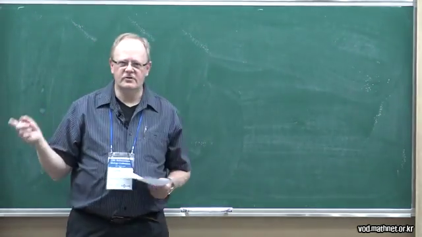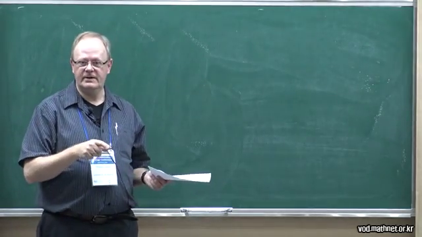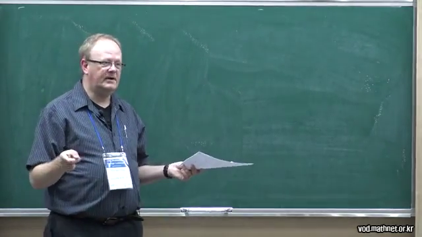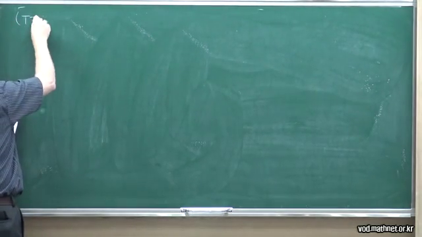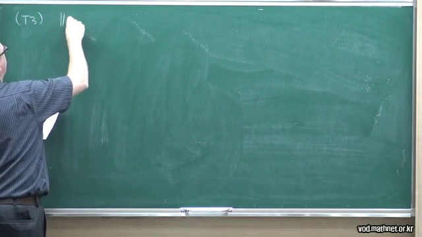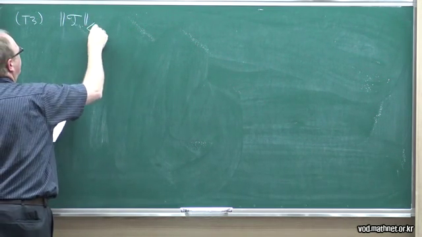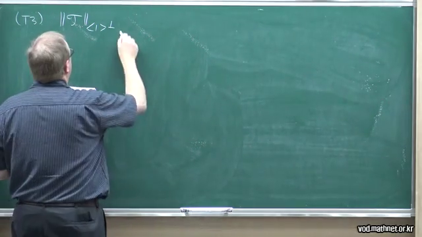So we found it is not normal, so we cannot use the result T1, T2 implies T3, so we might have to check T3 directly. There's still hope T3 could be satisfied, so let's check it directly. We need to compute the norm of the operator on the orthogonal complement of 1. So let's write down what this is.